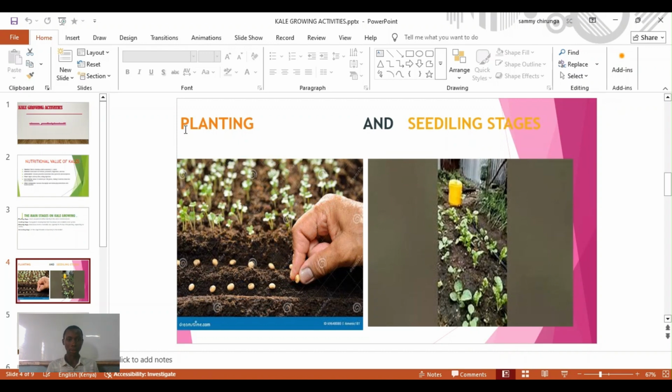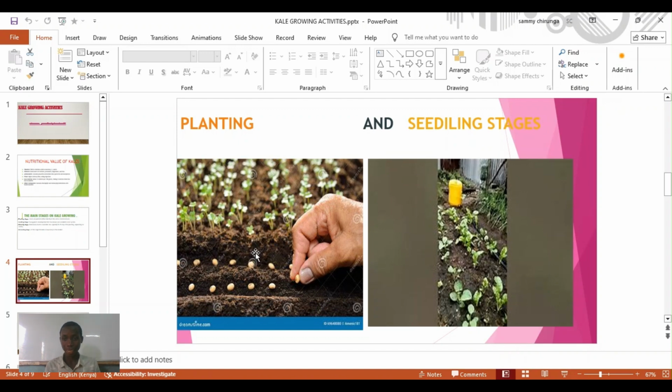The first stage here is the planting stage. As you can see, there are those seeds of the kale. I'm putting them on the soil. These are the seeds I'm planting. And as you can see from the images, the soil is so nutritive and it is the best for planting. That one is loam soil.